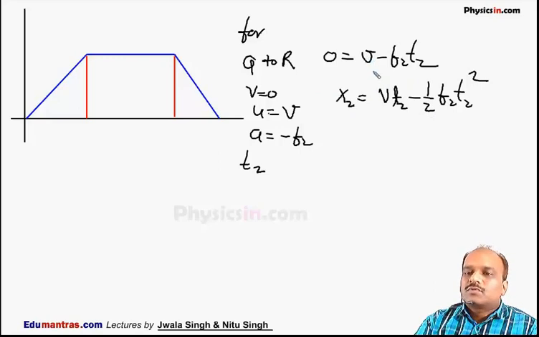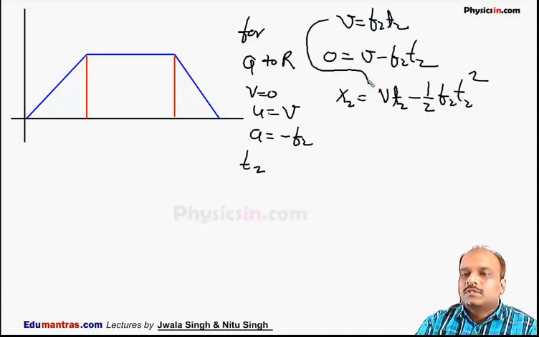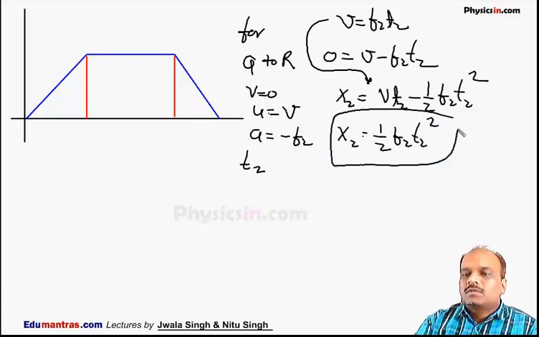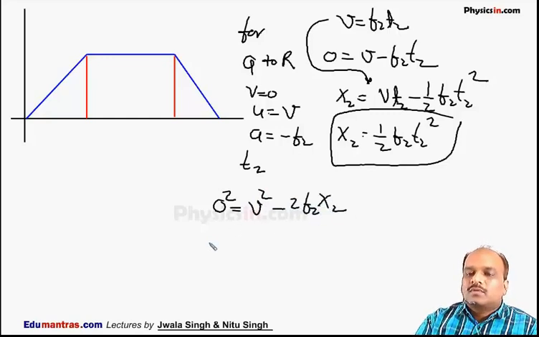Now I can substitute the value of v, means v is equal to f2 into t2 here. In this expression I will get x2 as 1 by 2 f2 into t2 square. Also for the final velocity, 0 square is equal to v square minus 2 f2 into x2. So from here I can say x2 by v is equal to v by 2 f2.